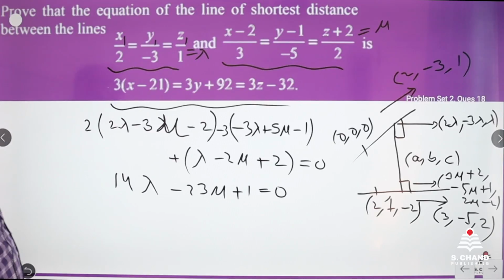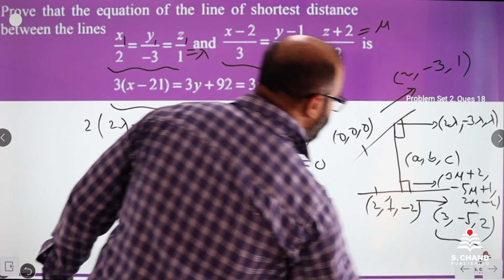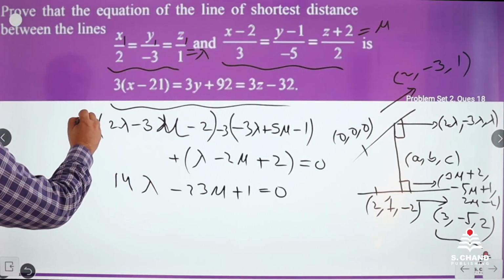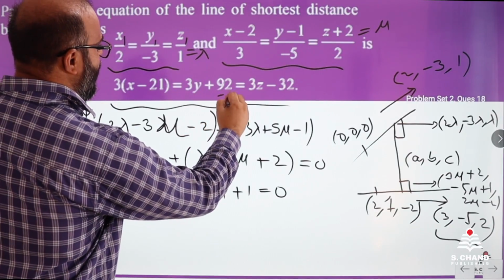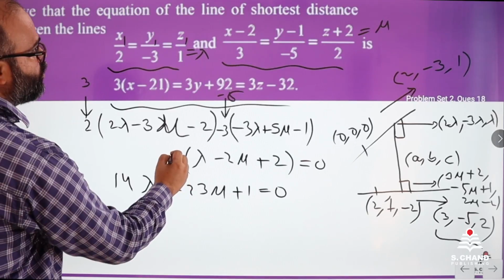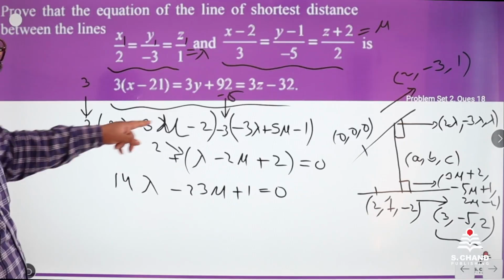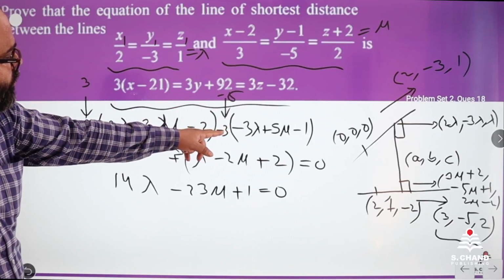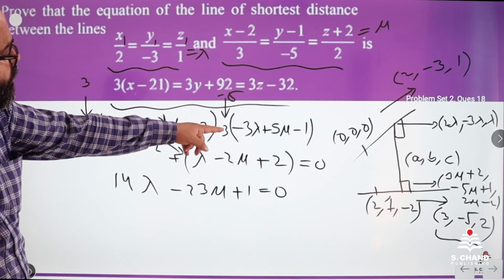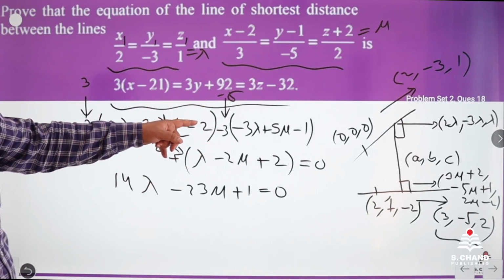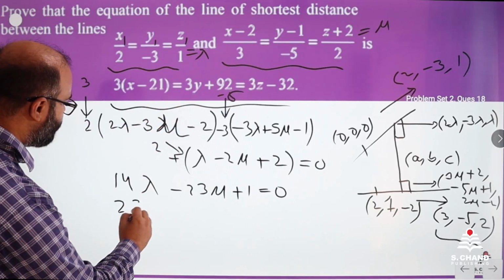In the other equation we will take the direction ratio 3, minus 5, 2. This will become 6 lambda and this will become 15 lambda. 6 lambda plus 15 lambda is 21 lambda, plus 2 lambda is 23 lambda, right?